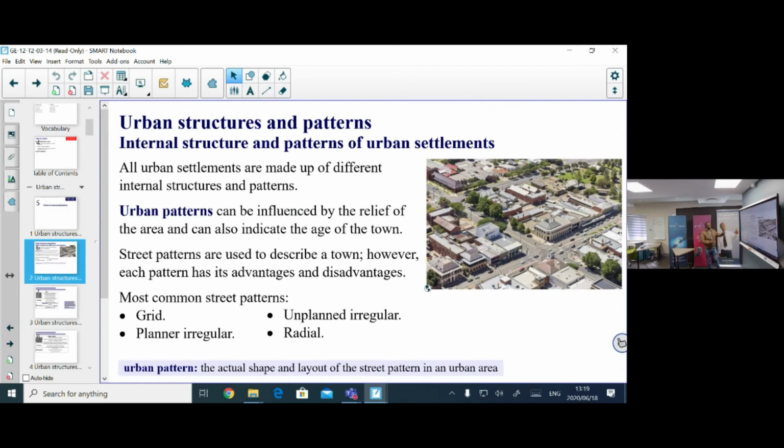Now we want to look at what is meant by internal structure and patterns of urban settlements. All urban settlements, as we know, are made of different internal structures and patterns. So the urban patterns can be influenced by the relief of the area and can also indicate the age of the town.